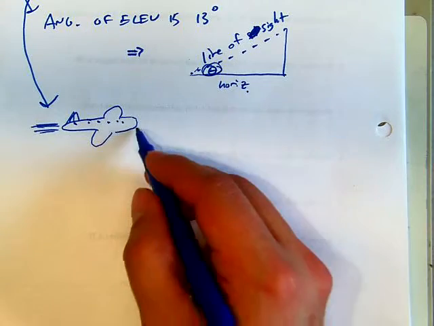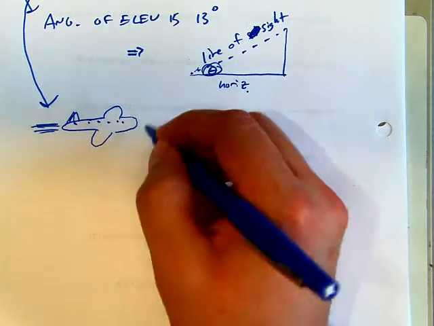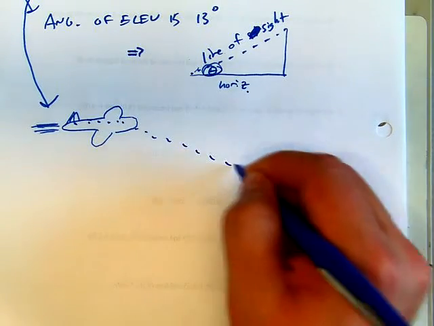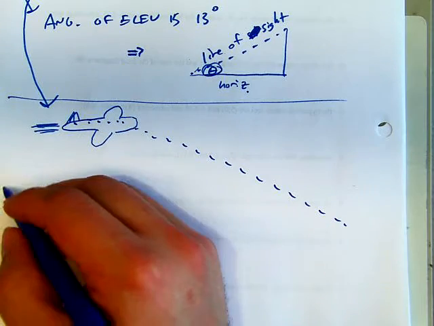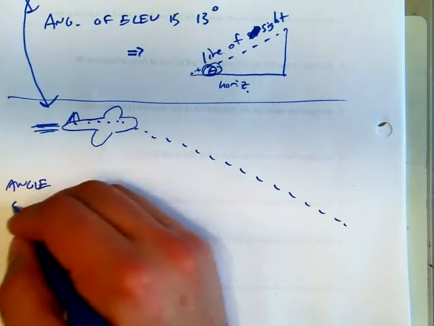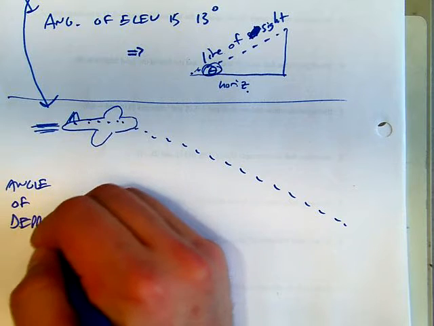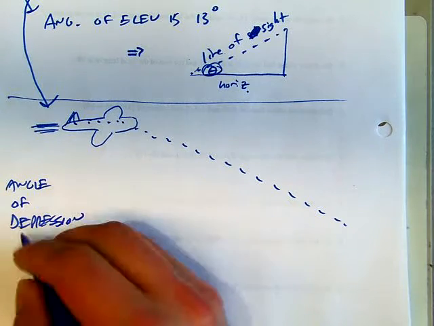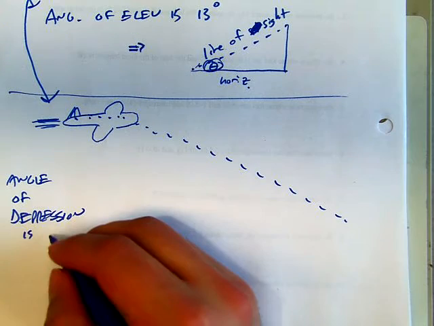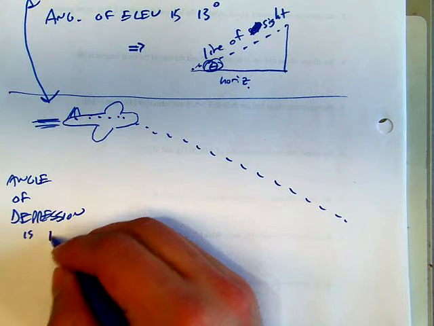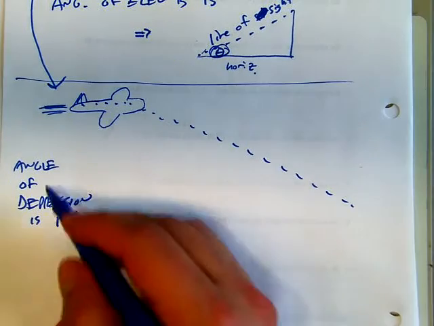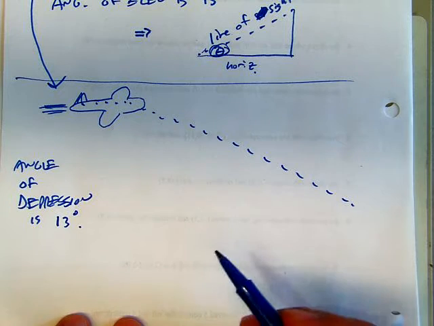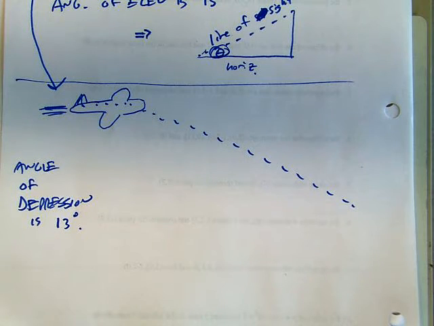And maybe this airplane is looking down at a target or a runway. Okay, and they would say something like angle of depression is, let's say, 13 degrees.